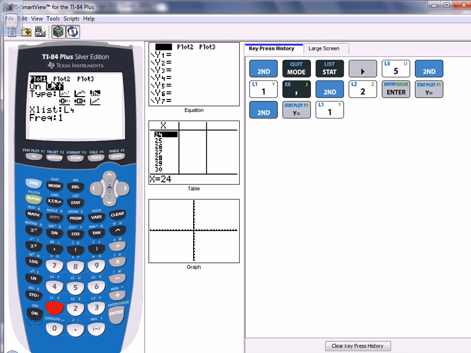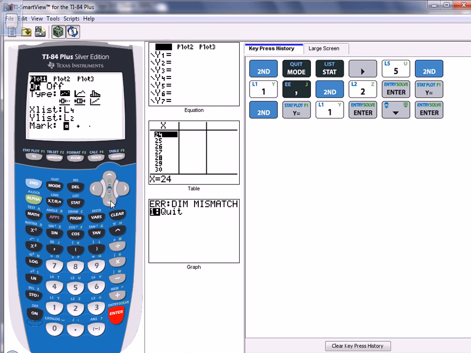Right now, off is highlighted. I'm going to highlight on by hitting enter. Then I'm going to go down to the next one, and I want this first one, which is a scatter plot. I'm going to hit enter. Do you see it's asking me, where did you put your X list? Well, I put mine in L1, so I do second 1.